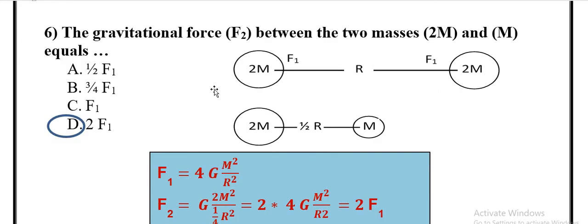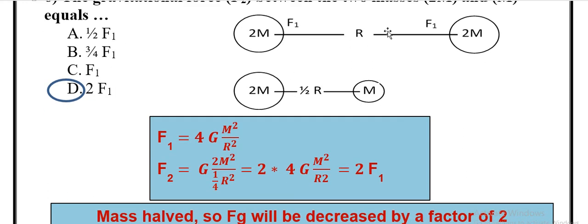Question number 6. The gravitational force F2 between masses 2m and m will be equal to what? The gravitational force between the two masses here is F1. If the radius is decreased by a factor of 2, then the gravitational force F2 will be increased by a factor of 4.